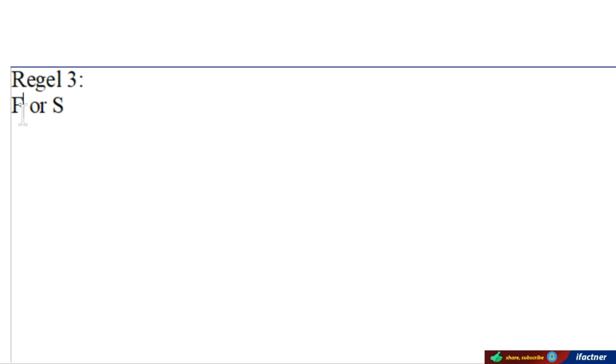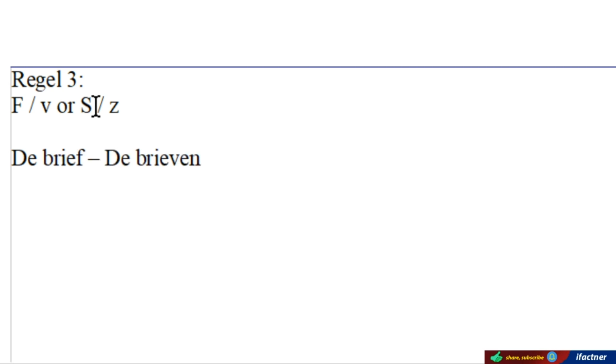Regel 3. Another rule is, you will see that in Dutch many of the singular words end with F or S. So if a word in its singular form ends with F, then in the meervoud form we add V, and if it ends with S, then we add Z. For example, the brief is a letter and brieven are more than one letter.